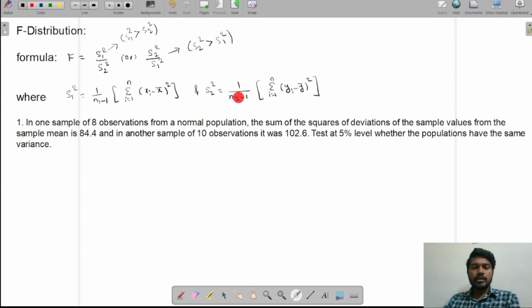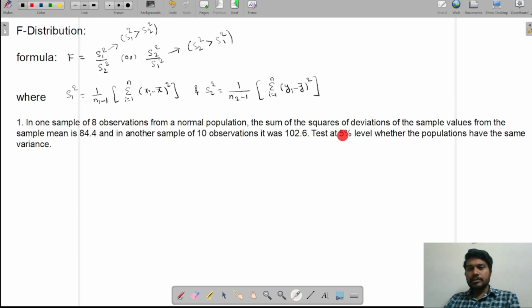Is it okay? Right. So let's go to the first question. In one sample of 8 observations from a normal population, the sum of the square of the deviations of the sample values from the sample mean is 84.4, and in another sample of 10 observations it was 102.6.